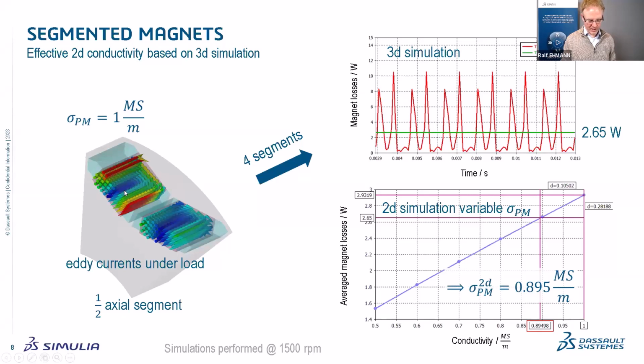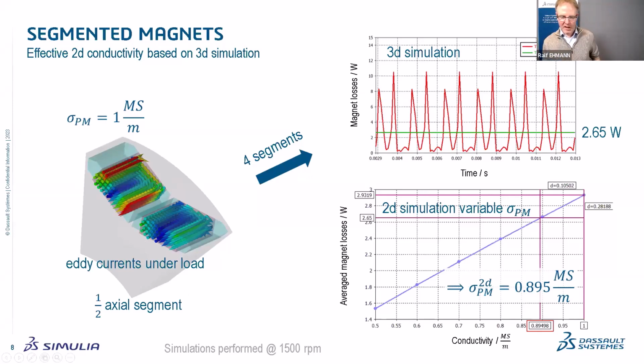These are the eddy current lines here, and have an isolating boundary here on the top side. And then we run a particular load. In this case, it is the load point we have chosen. This is 45 degrees load angle and 450 amps, and besides this nice picture of the eddy currents, we also get losses.